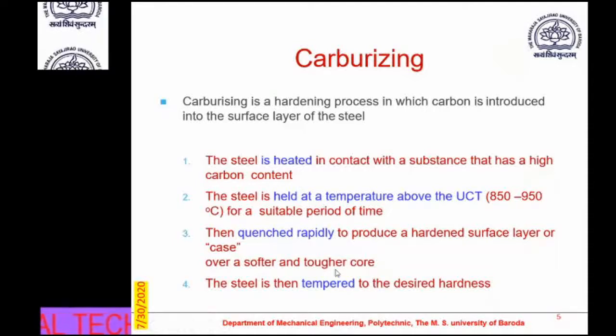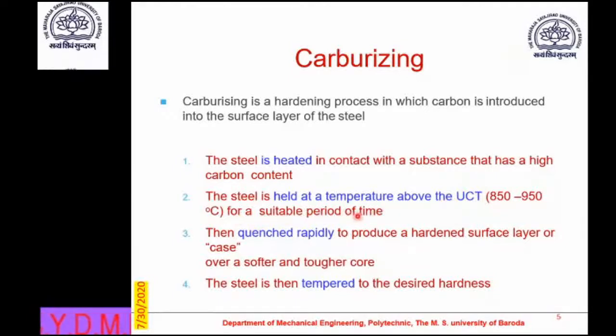So the add-on over here is that your surface is coated with some material that contains high carbon. The steel is heated to a temperature above the upper critical temperature, in the range of 850 to 950 degrees centigrade, for a suitable period of time.